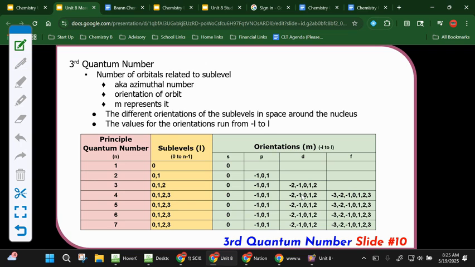Now you get into the D's. In the third energy level, you have a number of 0, 1, and 2 for L. Those are your 3 values. So you can have, again, an S suborbital, 3 P suborbitals, and you can have 5 d suborbitals.